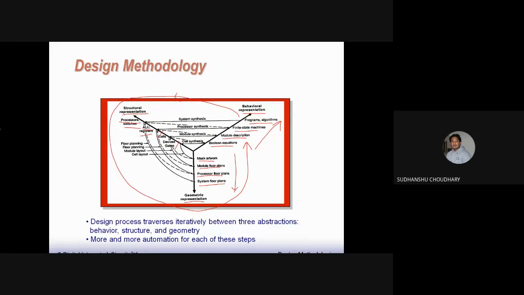The complete IC design process that we have studied so far goes from the SPICE simulation or the Verilog coding or HDL coding, and then coming on to the layout, and then extracting the parasitics from the layout, and then again performing SPICE simulation based on those parasitics. All these three parts are part of the IC design process, and the IC design process traverses iteratively between these three axes of the Y chart.